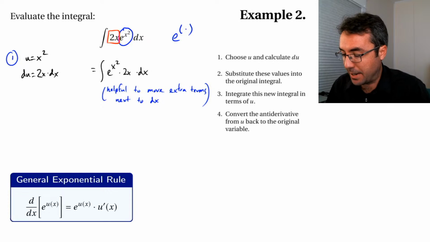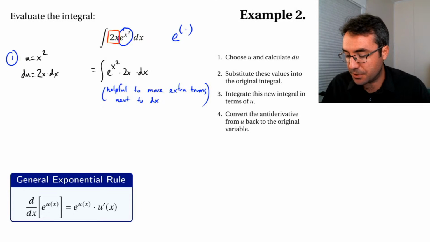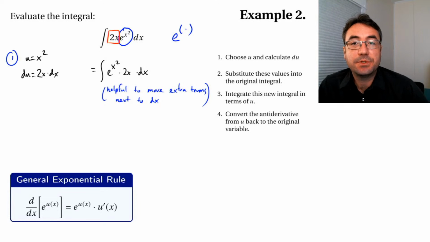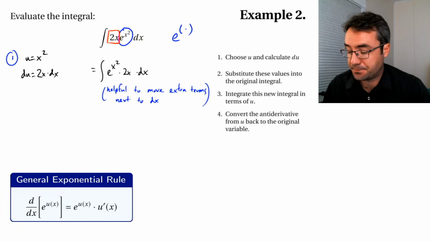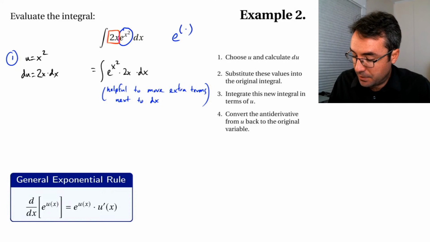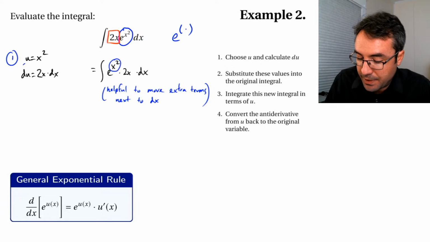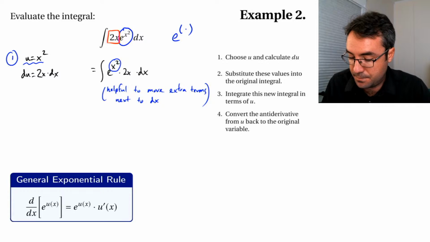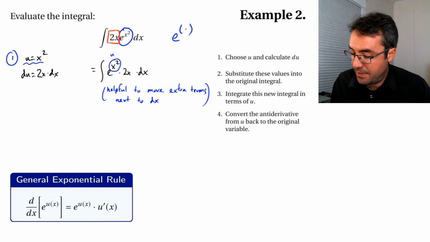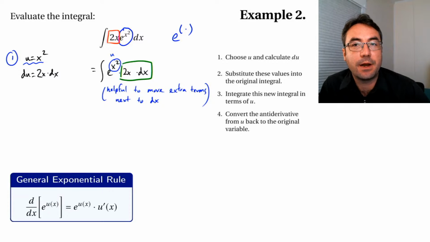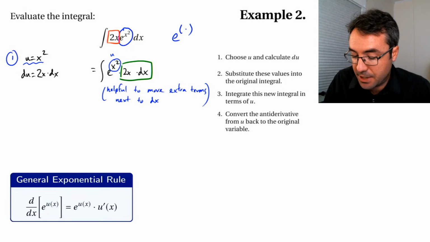All right. So now, with that in mind, we're going to substitute u and du into this integral. And so if we look at this, the x squared that we put up there, well, that's going to become u. And then the 2x dx that we have kind of left over in our integral here, well, that's nice.